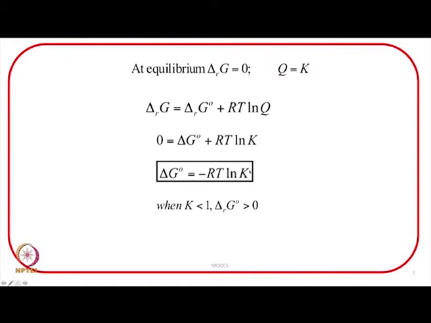If K is less than 1, then the log of that less than 1 number will be negative and overall delta G0 will be positive. That is what is commented over here. If K is less than 1, delta G0 is positive. And if K is greater than 1, obviously delta G0, that is the standard state reaction Gibbs free energy, is negative.